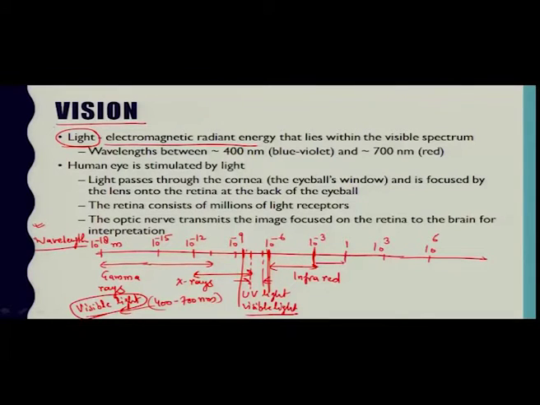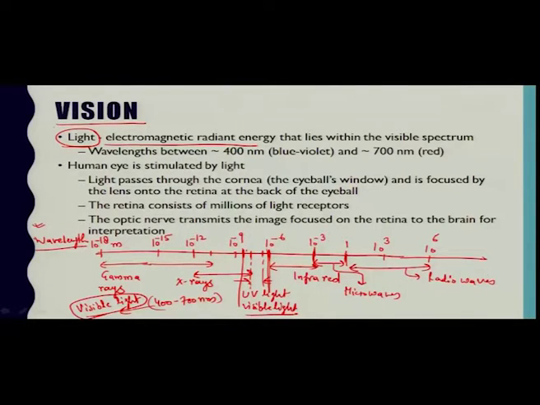So this particular portion is of microwaves, and in the long term, let us say up to 10 to the power 6, those are of high wavelength range, these are radio waves.